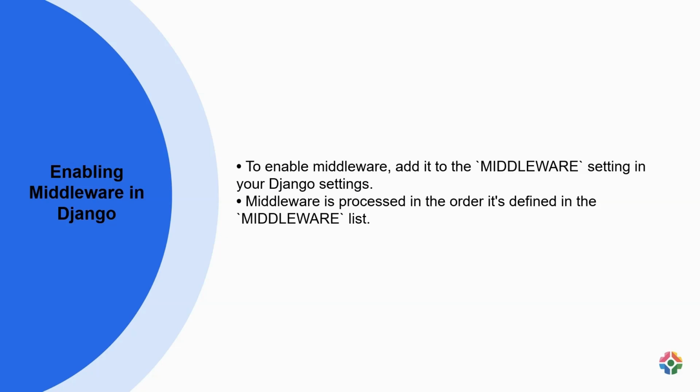Conversely, if your middleware needs to work on the response after other middlewares have run, it should be positioned further down in the list. By comprehending and organizing middleware properly in the middleware setting, you can exert control over how data flows through your Django application.